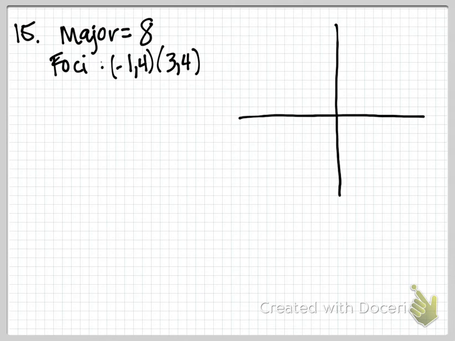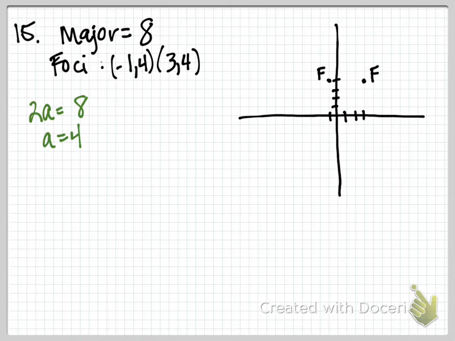Okay, so number 15, we're told that the major axis length is 8. Well, if the major axis length is equal to 2a, then that means that A equals 4. So I've got part of my problem. I'm also told that I have foci at -1, 4 and 3, 4. That tells us two things.